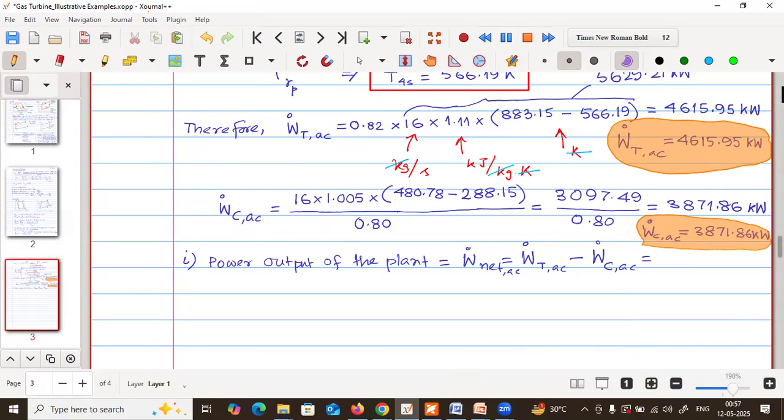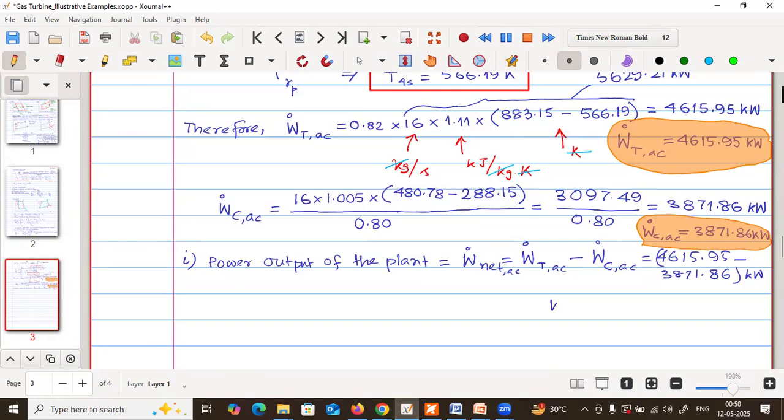Therefore we can write this is equal to this minus this. So 4615.95 minus 3871.86 kilowatt.